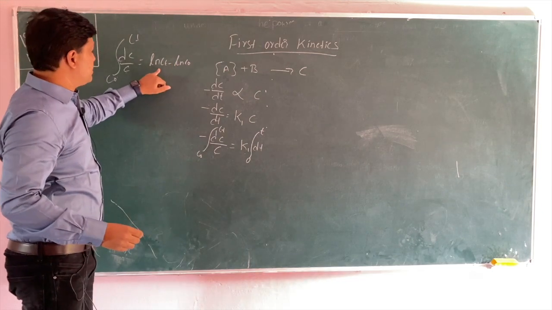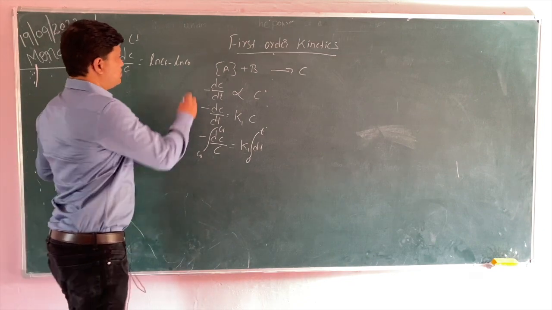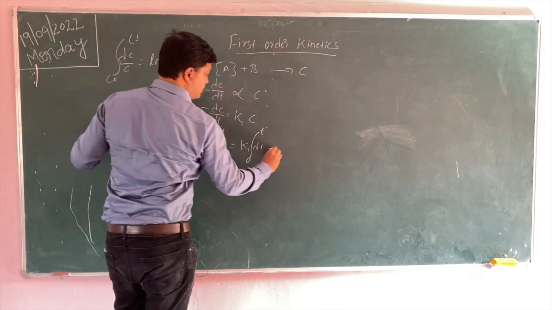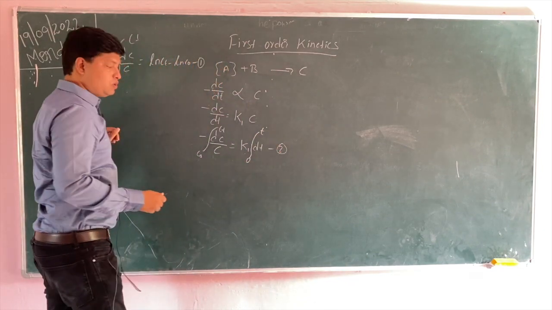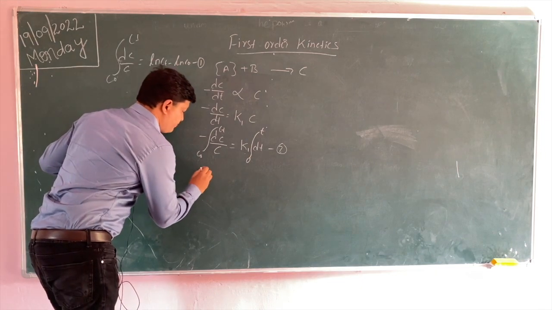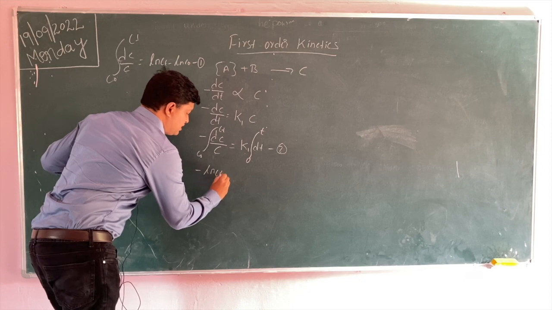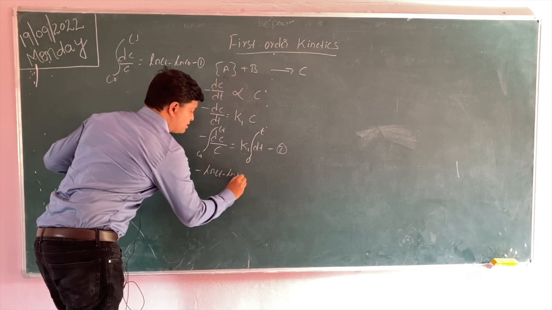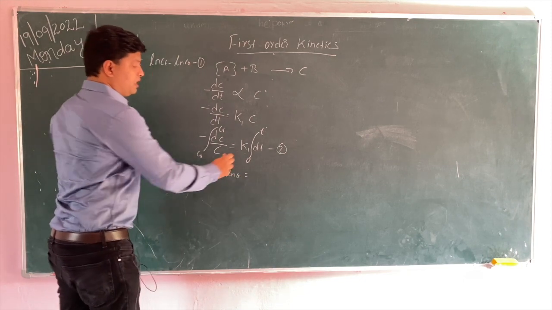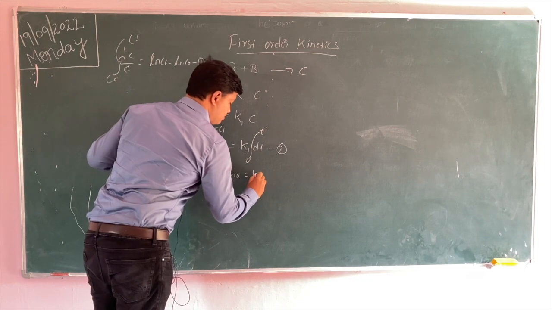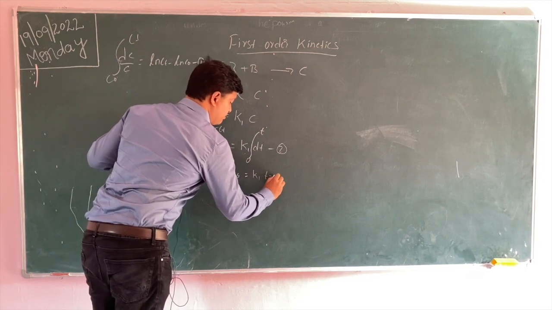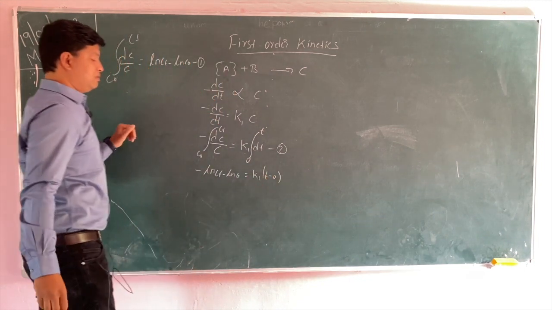So, substitute this equation here. Assume this is equation 1, this is equation 2, and substitute 1 in 2. What you will get is minus natural log Ct minus natural log C0 equals K1 into t minus 0.